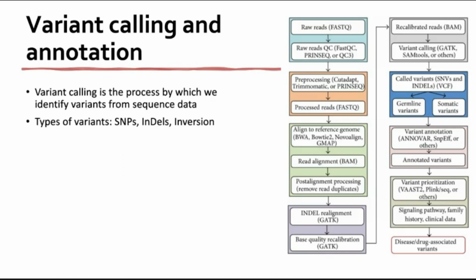People generally follow these steps. We have to generate the reads. After generating the reads, we do quality check of the reads. Then we do pre-processing, like adapter removal and all those things. After processing the reads, we go for alignment with the reference.